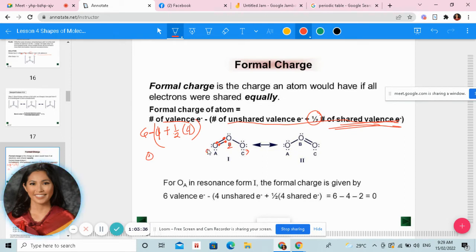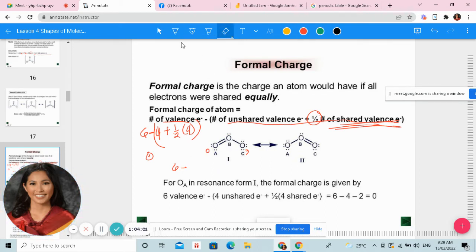So we have 0 here. What about oxygen 2? What is the formal charge of oxygen 2? We have 6 minus how many unshared valence electrons? 2, the ones that are not shared.